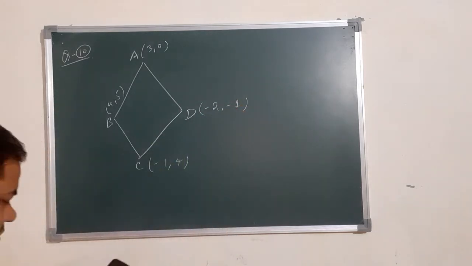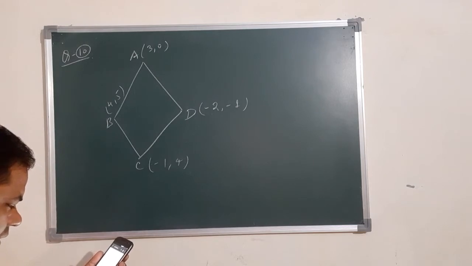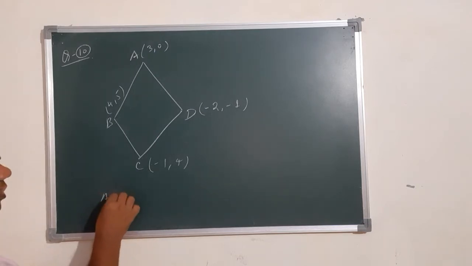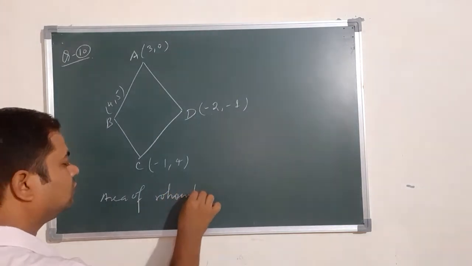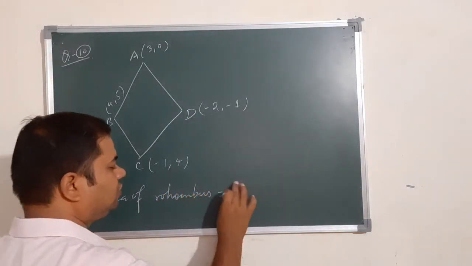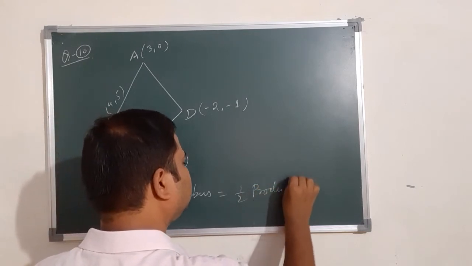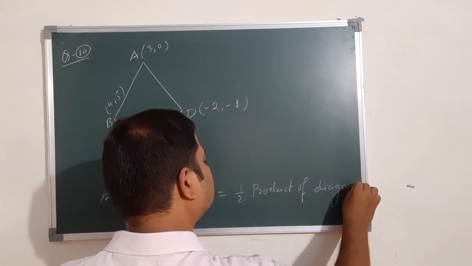You just use the distance formula and find, take it in order. So find the area of this rhombus. As you know, area of rhombus is equal to half of the product of its diagonals.